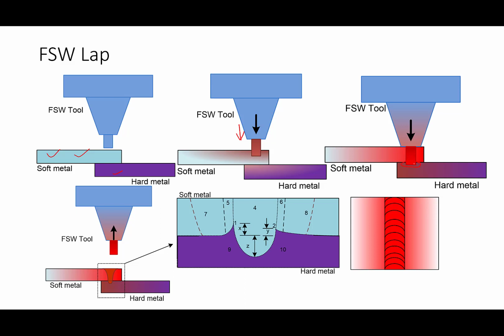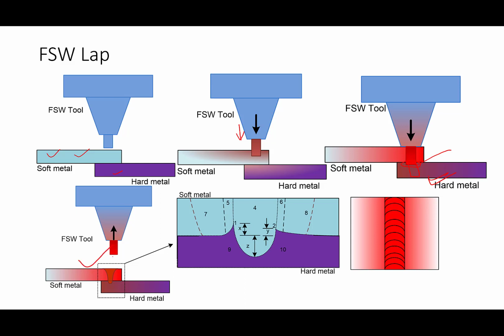This has to be optimum, not very less and not very deep, because in both cases the joint performance is badly compromised. Limited penetration will lead to interfacial fracture, or if the penetration is too deep, it will lead to failure from the base metal itself.